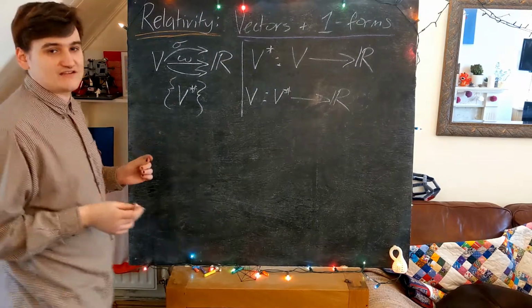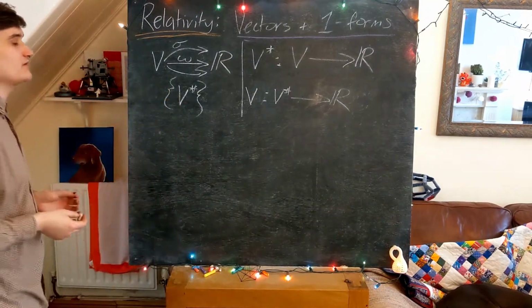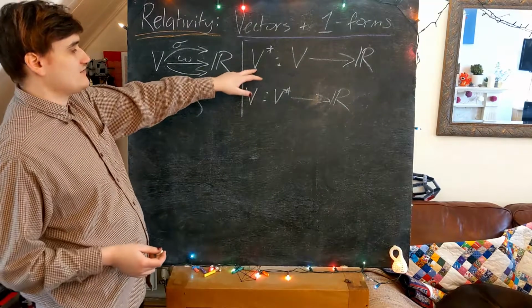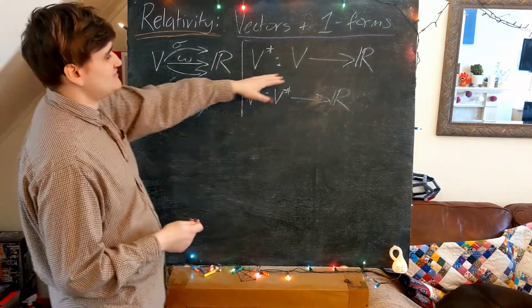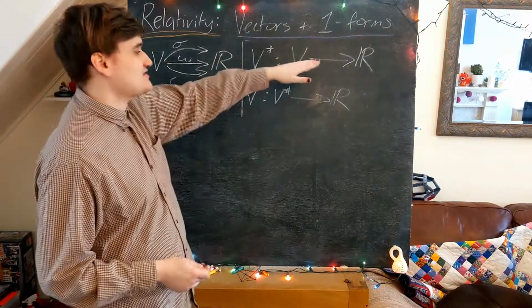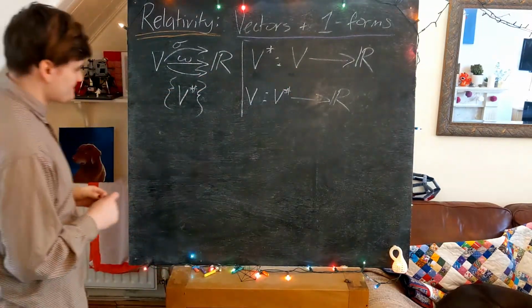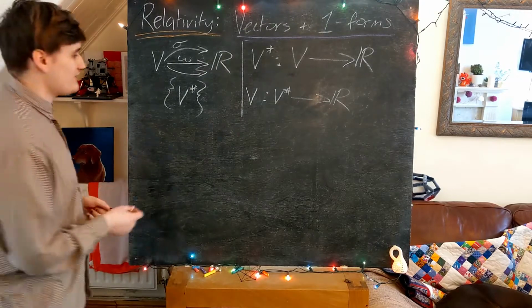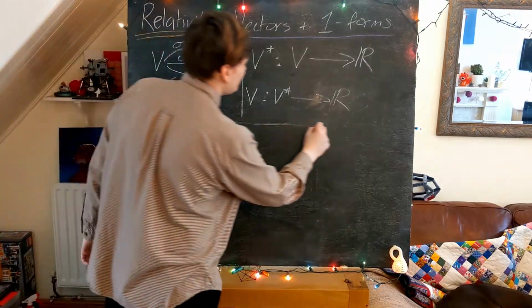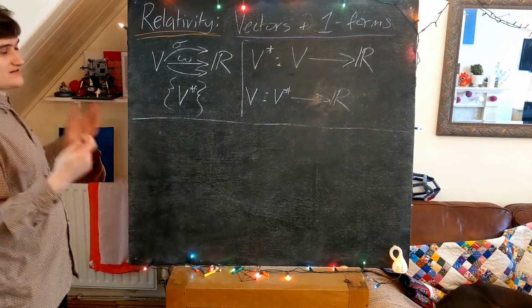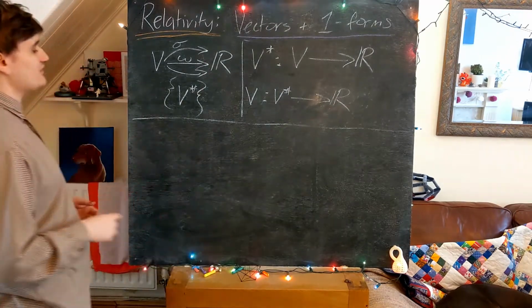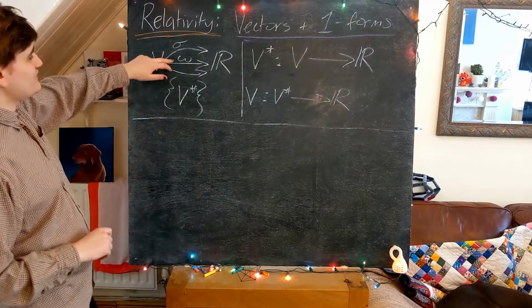So we expect that a one-form is something which lives in this dual space. It takes a vector and maps it into a real number. That's simply how we're going to define a one-form. For now, we're just going to define it, and then we'll see what it is and what it does.